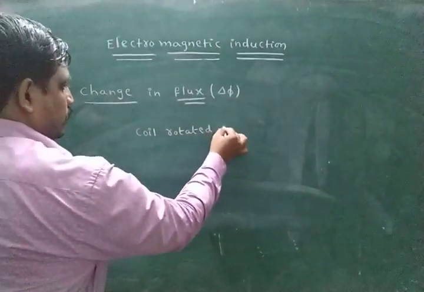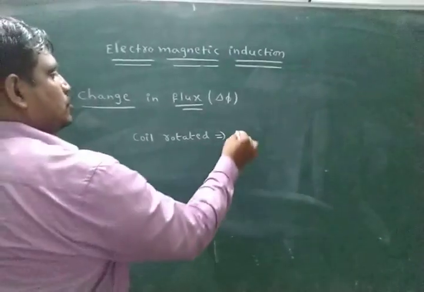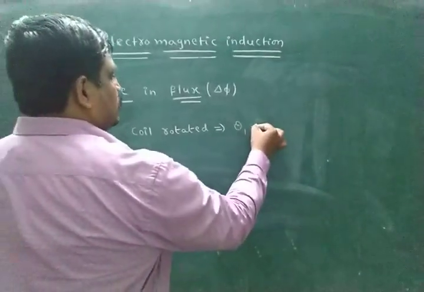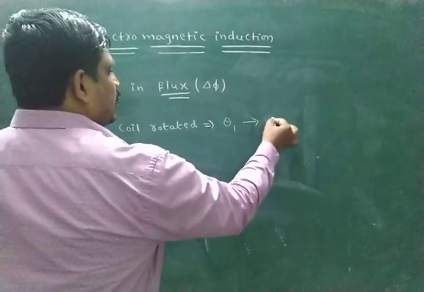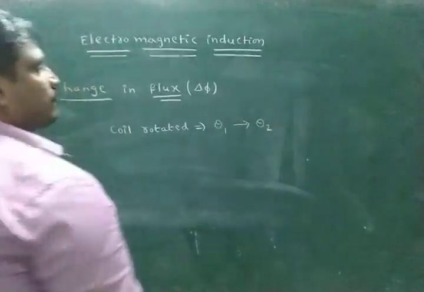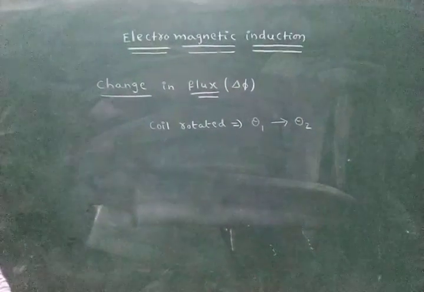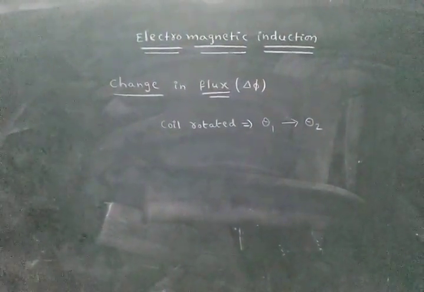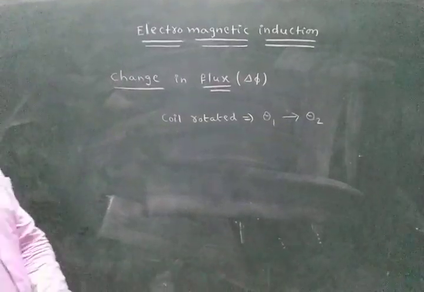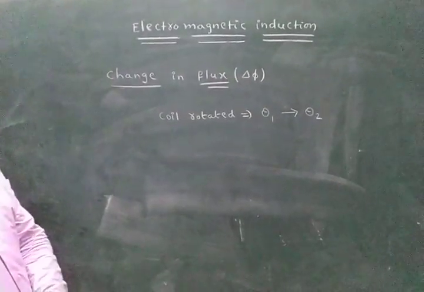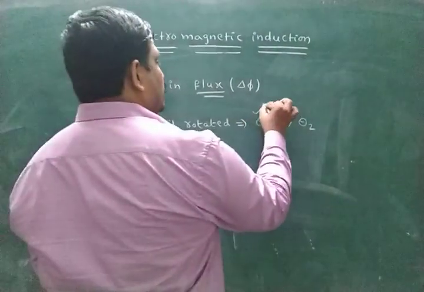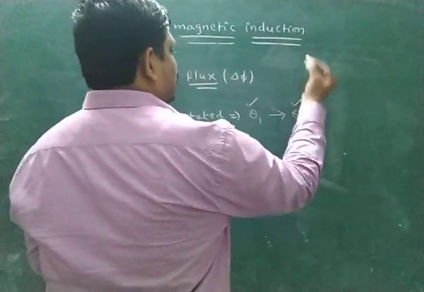Because of rotation, the initial angle between B and A is theta 1. The final angle between B and A is theta 2.